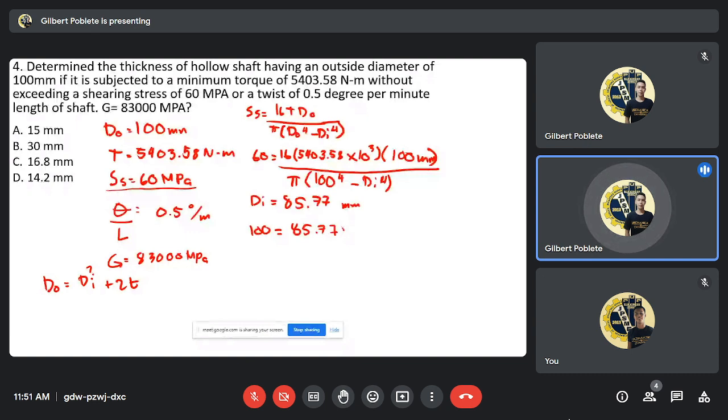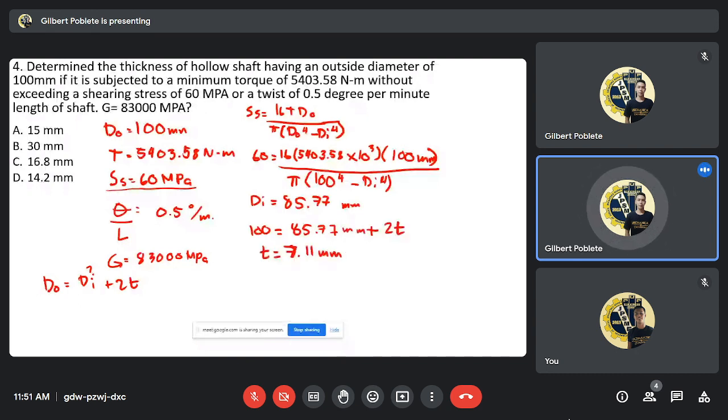Okay, kasi yung ginamit natin is may isa pa tayong piece na 0.5 degrees per meter length of shaft. So dito, without exceeding a shearing stress of, so minimum pala to natin ay maximum pala to natin. So kailangan natin i-apply din tong 0.5 degree per meter. So magagamit pala natin itong isa pang given.